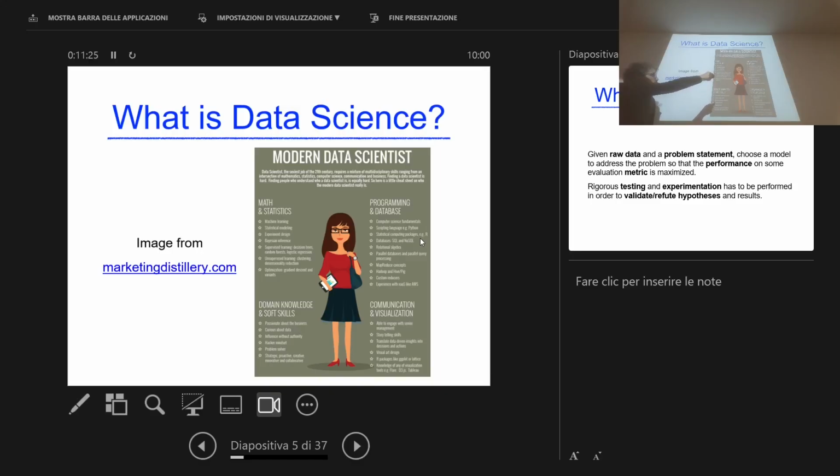So you need programming libraries that implement a specific statistical model or machine learning model, and you need to take data from somewhere. Usually this data is stored in a database. These are, let's say, the hard skills.